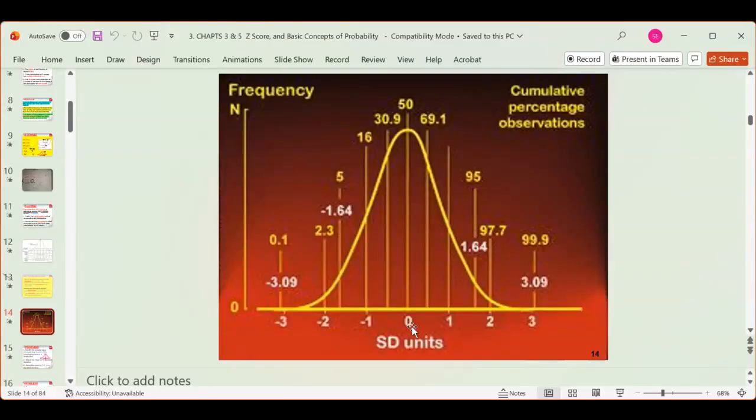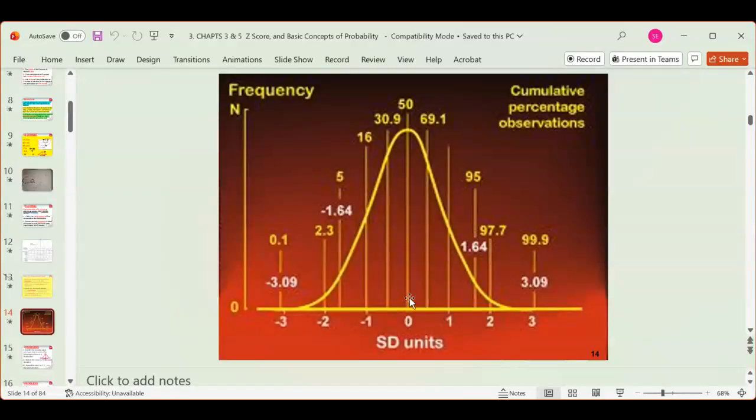For the IQ, in the middle, you would see 100. And then each standard deviation would be 15. But for Z, it's 1. If you see those multiple lines, those are not standard deviations. As you can see, some of them are fixed distances from the mean.